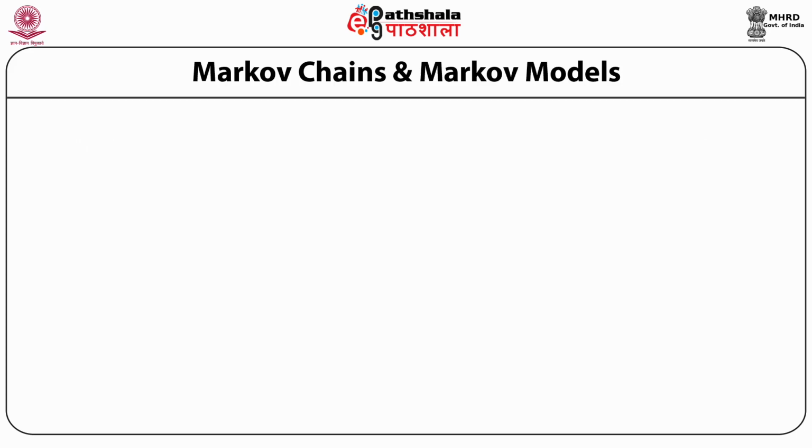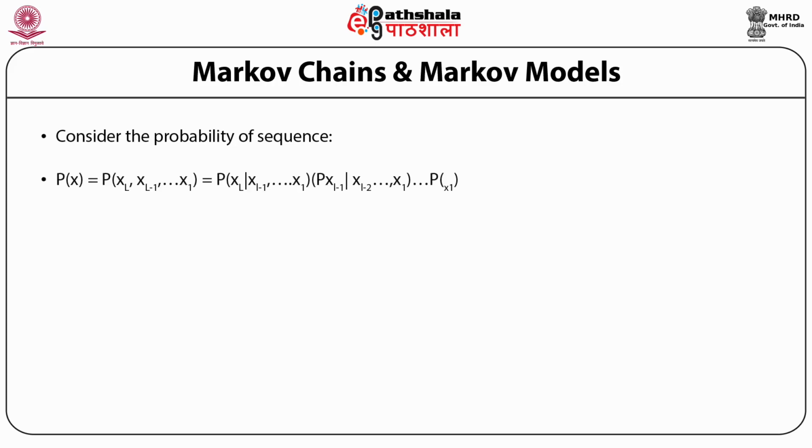So now let's look at it a little bit more mathematically. Let's consider the probability that a particular sequence is obtained. So we'll call it P of x, which of course depends upon P of x at L minus 1 until the first one. That is, the probability that I am in a particular state emitting something would depend upon the probability that I have visited all the previous states thus far in a certain order.